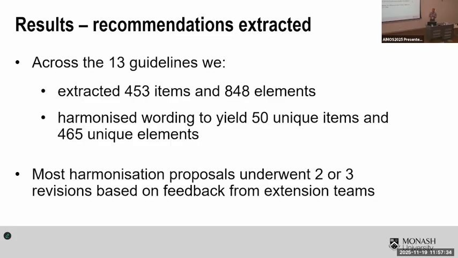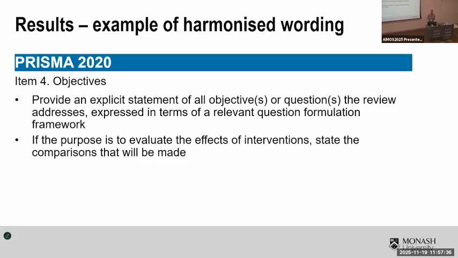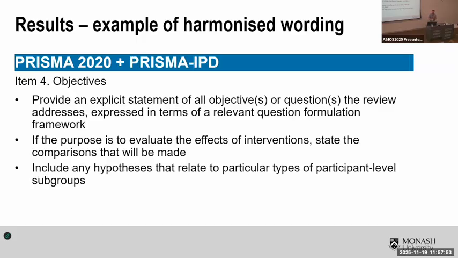And just an example of what the unified statement would look like is that here we have, for just the objectives item, some elements underneath in the main Prisma 2020 asking you to essentially define your objective and then indicate what you're going to compare in this review. If you then added Prisma IPD, you'd have to add an additional recommendation to include some hypotheses relating to participant level subgroups.